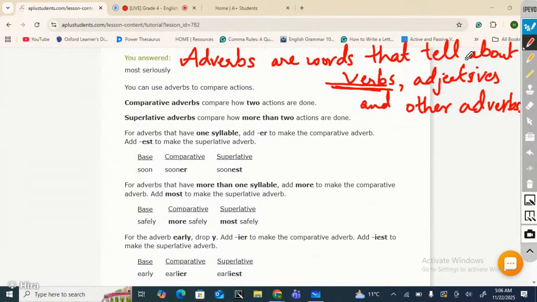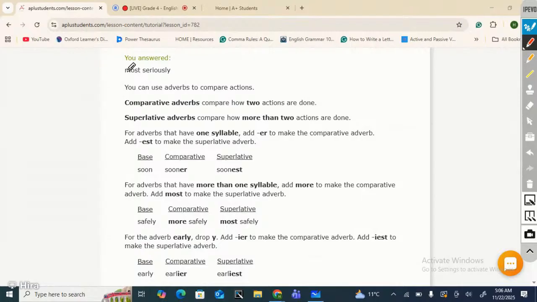But adverbs are words that tell about verbs. What kind of verbs? Where the action takes place, how an action takes place, and when an action takes place. Okay, and we can use adverbs to compare actions.